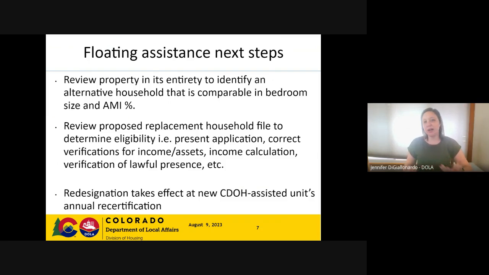So you're looking for applications, correct verifications for the income and assets. You're calculating that income, and it's a documented calculation. For federal programs, you have lawful presence. There is a lease in place, all of that good stuff. You're going to redesignate that unit as the new CDOH assisted unit at annual recertification. And we'll dig into an example in a moment.